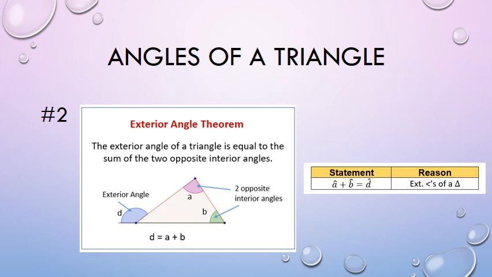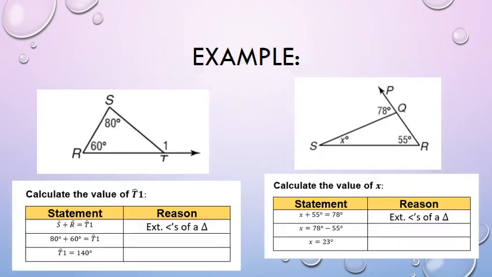Okay, let's look at an example. If you look at the left-hand side, if you have to find T1, they say calculate the value of T1. So we know that T1 is the exterior angle of that triangle, and that is equal to the opposite interior angles.